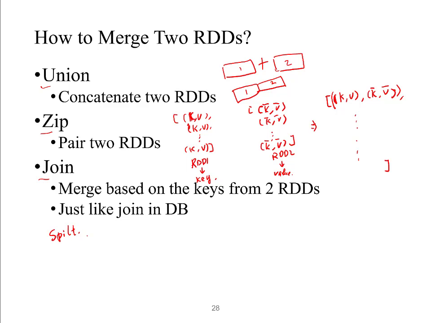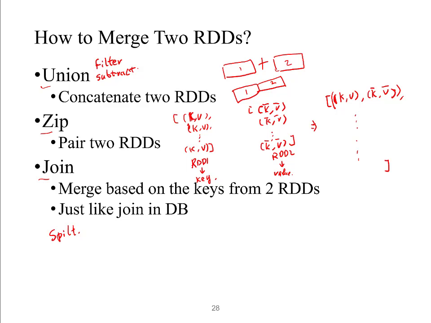There is no inverse operation for join, but for union, because you concatenate two RDDs, if you want to split them, you can use filter or subtract. This is the inverse operation of union.